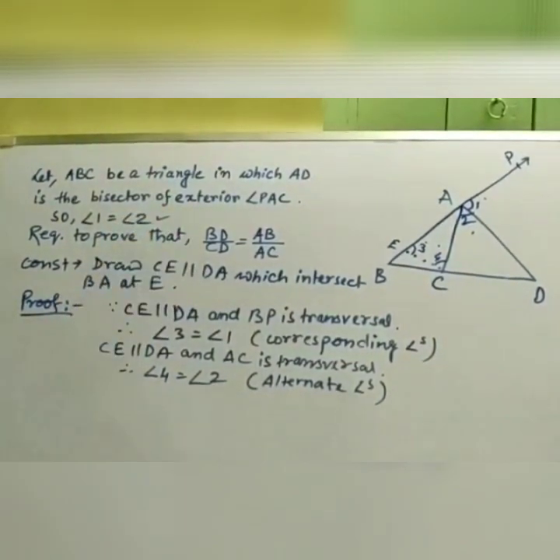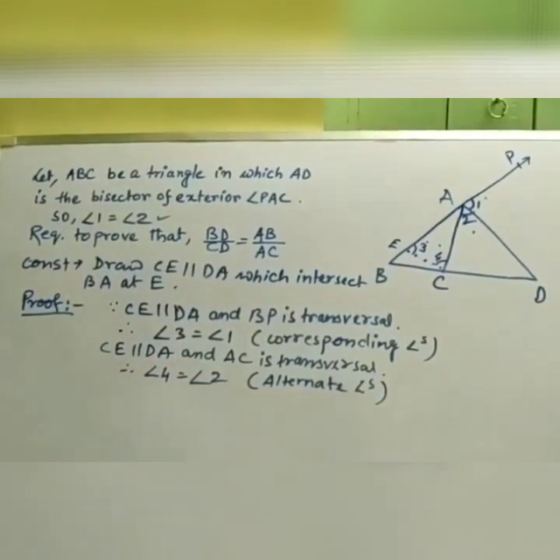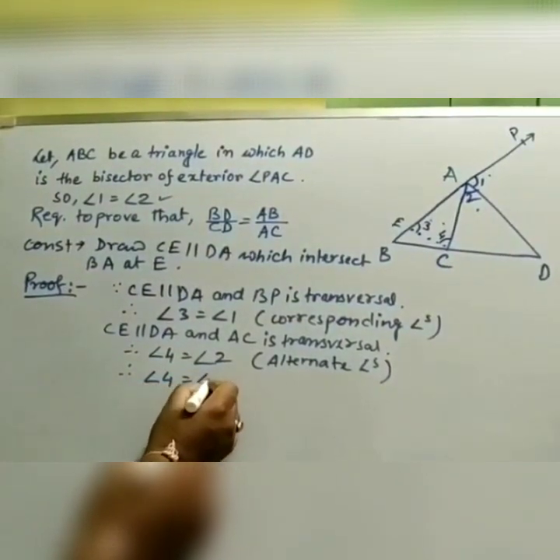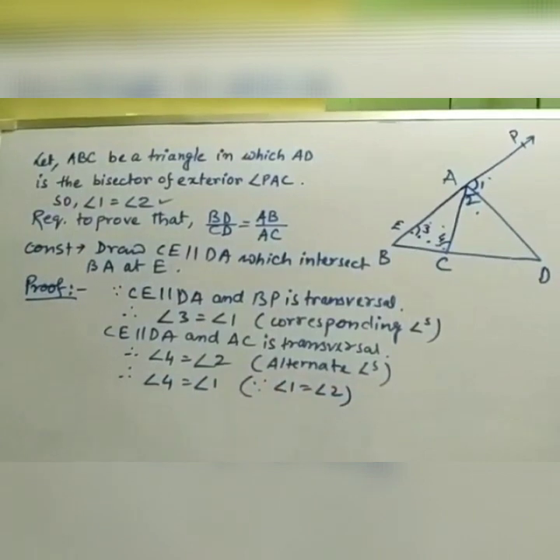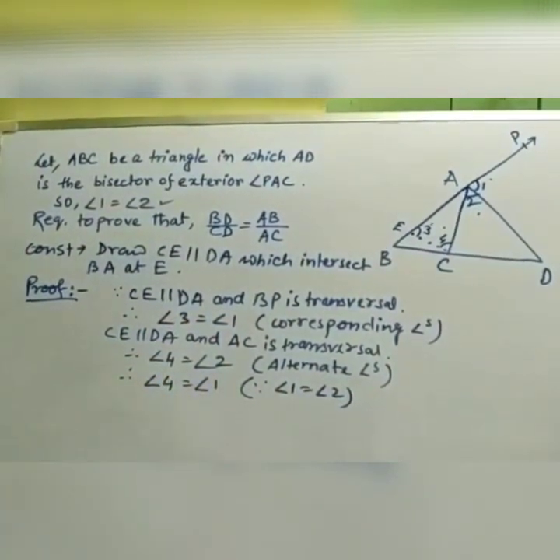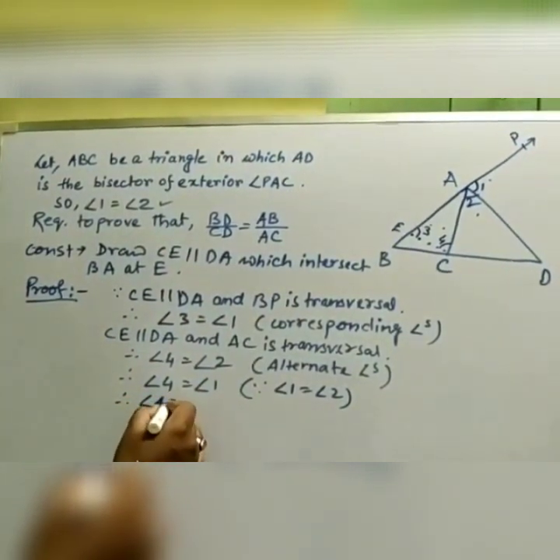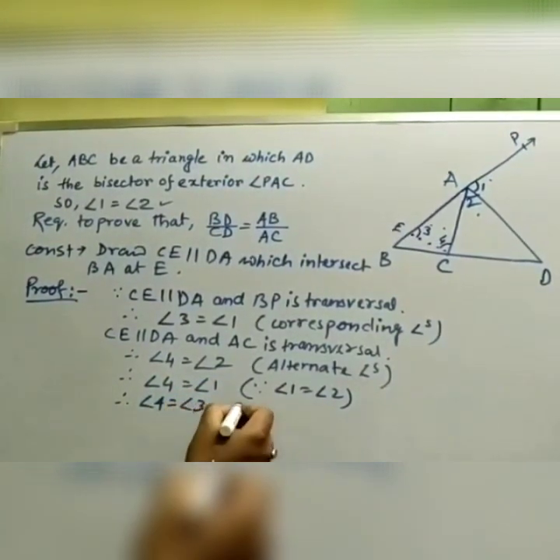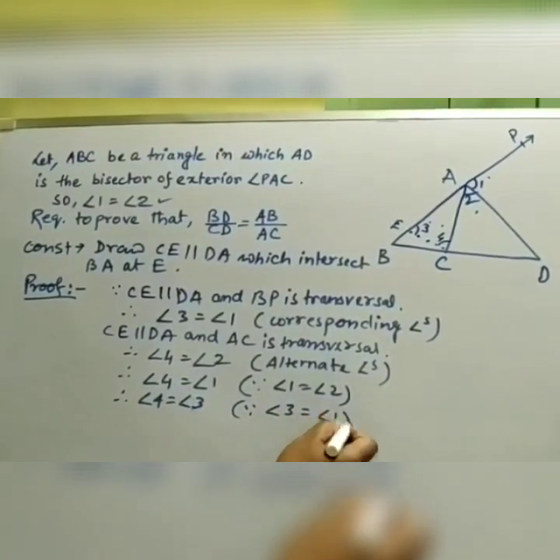Again, in the given part we have angle 1 equals angle 2. So by replacing 2, we can write 1 also. So we can write angle 4 equals angle 1, since it is given that angle 1 equals angle 2. Again, we have angle 1 equals angle 3 as corresponding angles. So this angle 1 will be changed to 3, so that angle 4 equals angle 3, as angle 3 equals angle 1.